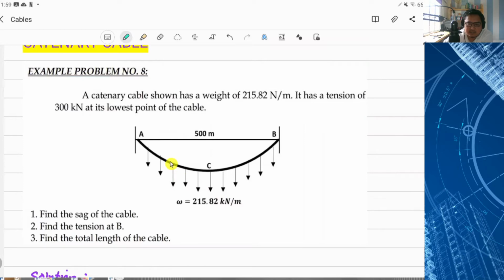The questions are: first, find the sag of the cable. Second, find the tension at B, the tension at the support. Of course, TA and TB are the same because this is symmetrical. Number 3, find the total length of the cable.